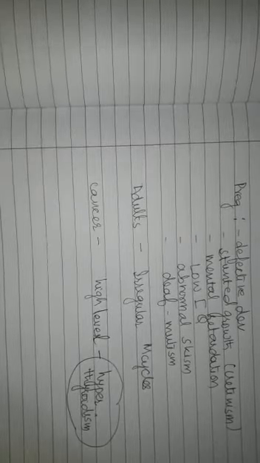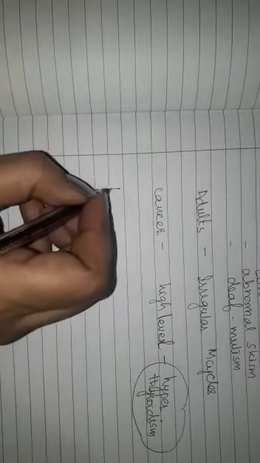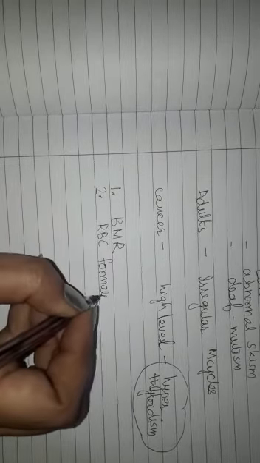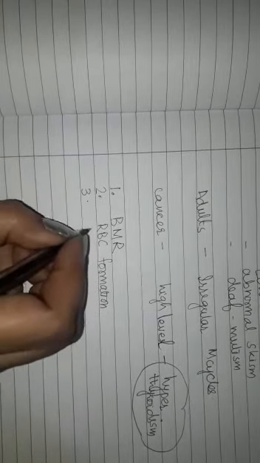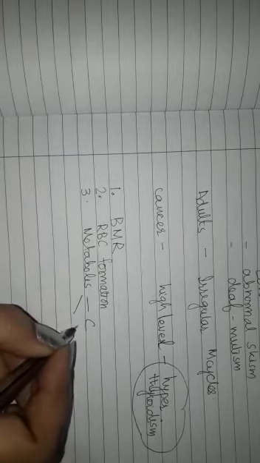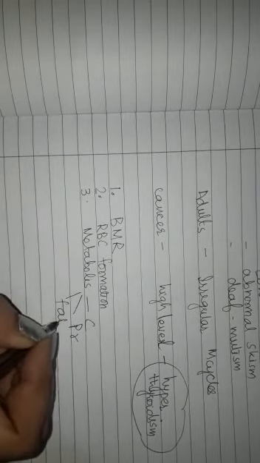So in nutshell, what is the function of thyroid hormone? They control BMR. BMR is basal metabolic rate, that is the rate at which the various functions of the body will take place. They also support the process of RBC formation, and they control the metabolism of carbohydrates, proteins, and fats.